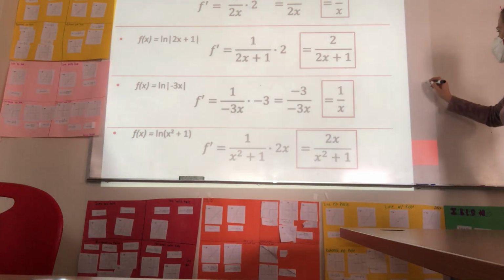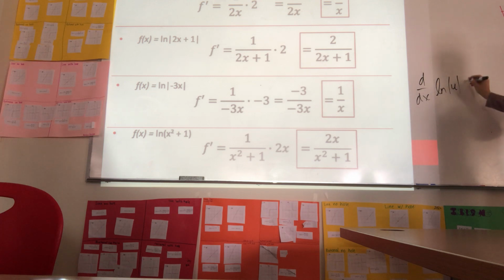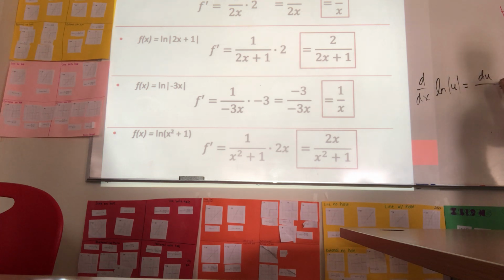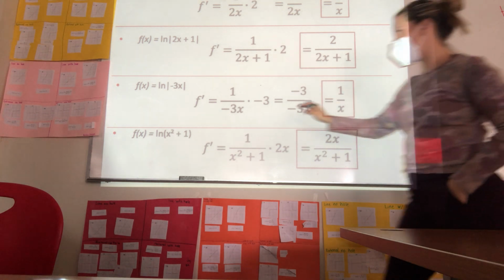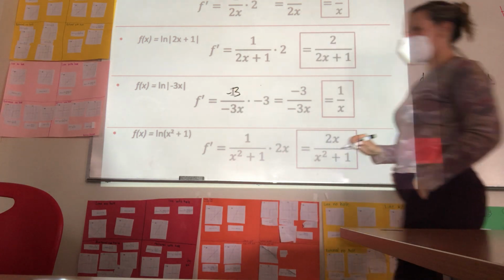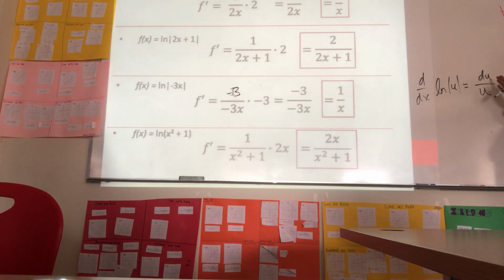Some teachers teach the derivative of ln of u as du over u. This kind of saves you a step. If you were to do this, you would say du is negative 3 and just put it right on top. But I like the times du because it really reminds us why we are doing this. It's the chain rule, you know? But this way it's quicker. If you just put the du on top, it's a tiny little shortcut.